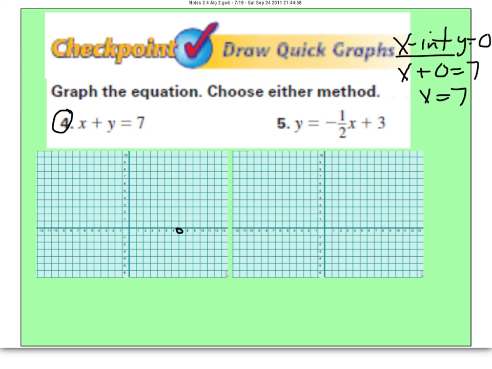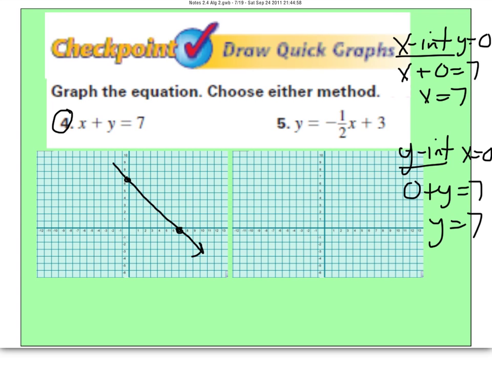I'm going to plot the x-intercept of 7. To find the y-intercept, I make x equal to 0. So if I do that, it'd be 0 plus y equals 7. So y equals 7. I go to the y-intercept at 7, and I connect the points.